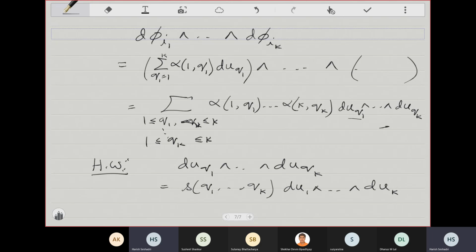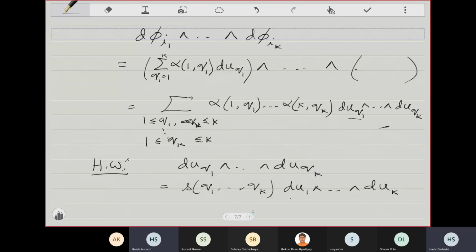If they're not distinct, this S function will be 0, the way it was defined. The right hand side will be 0 and left hand side will also be 0. So if you want to prove this, you'll be left considering the case when they're all distinct. And then you have to argue that this equation holds.